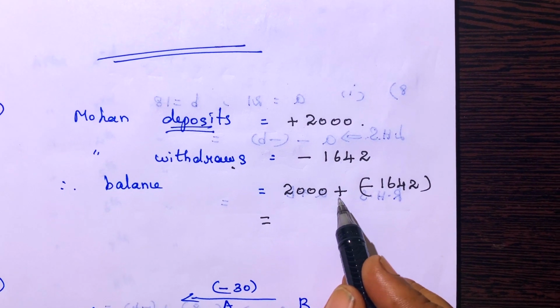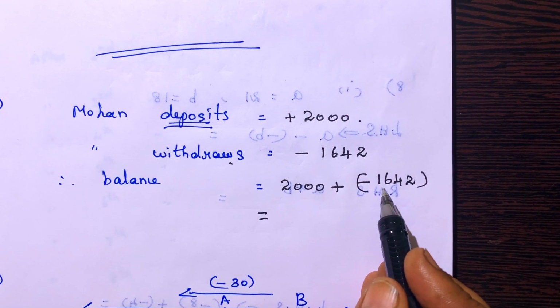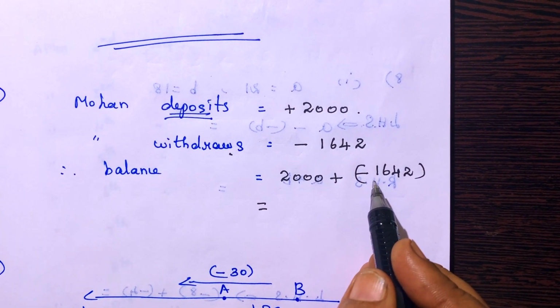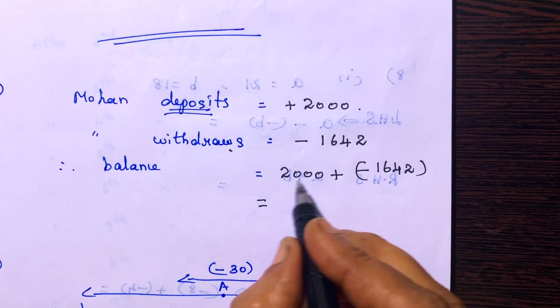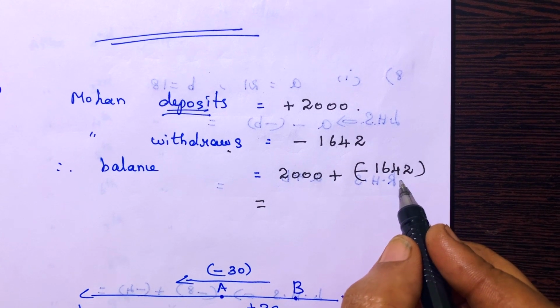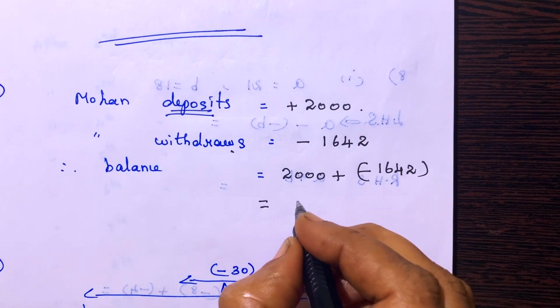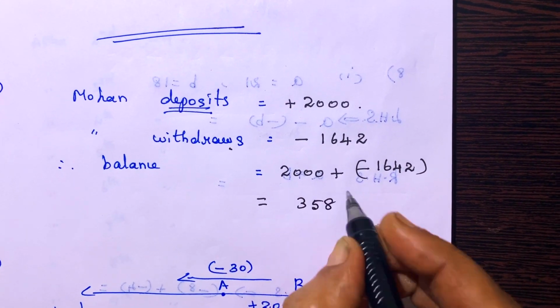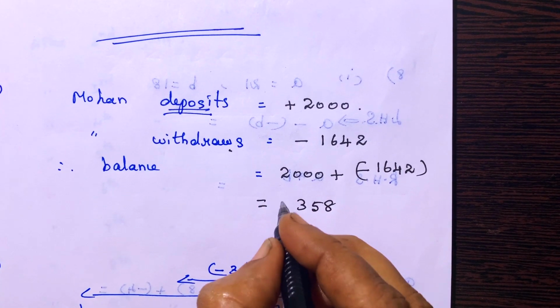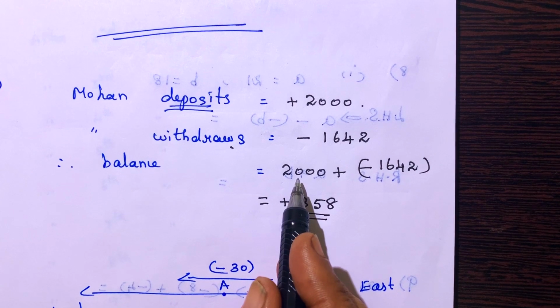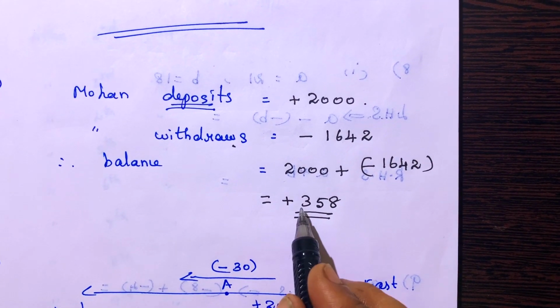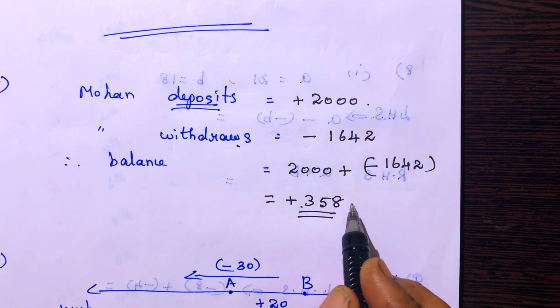You know how to add a positive integer and a negative integer. We need to subtract both. So we will get the amount as 358. See, this is a positive integer, so this is a plus sign. So in his account, we have 358 rupees.